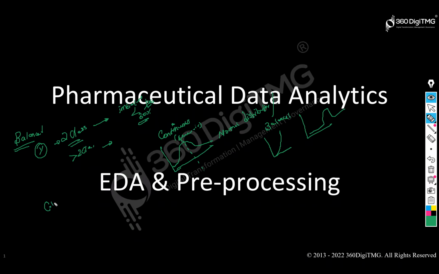So we saw categorical and numerical. Categorical data can be checked: if it is less than 30% when it is two classes, it is imbalanced data. If it is more than 30%, it is balanced data.